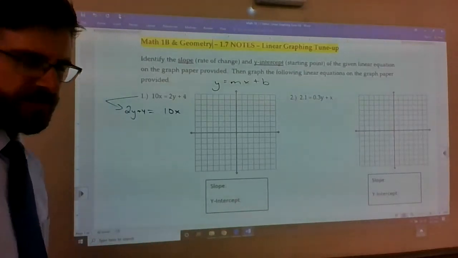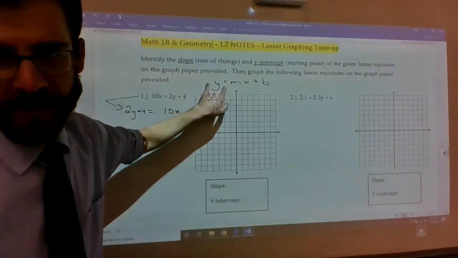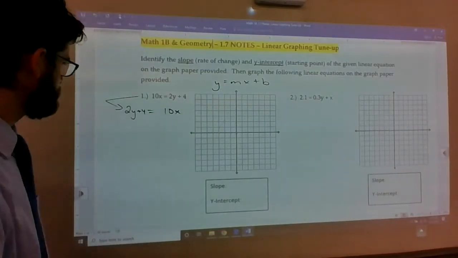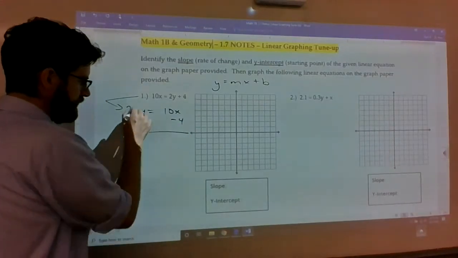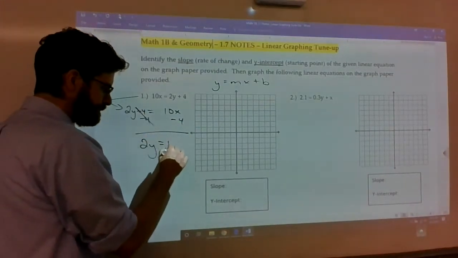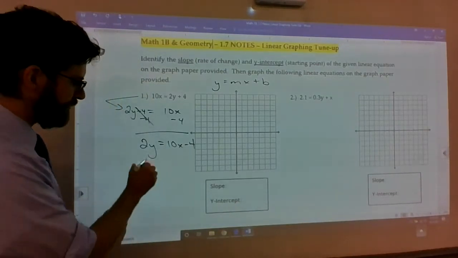It just makes more sense to me to have the y terms on the left-hand side. All right, we need this b term to the other side, so get the 2y by itself. Then you divide all parts by 2.